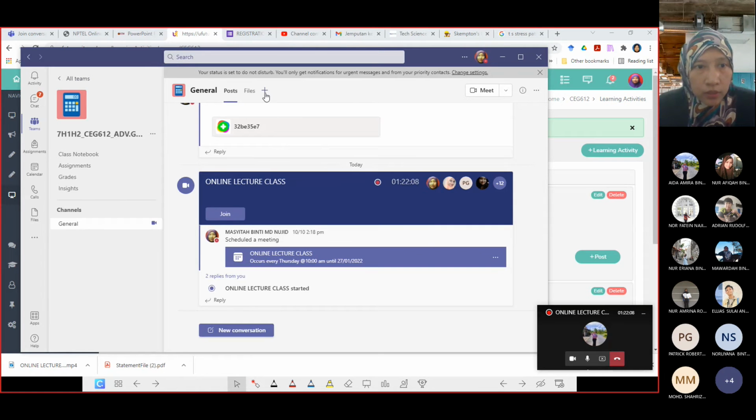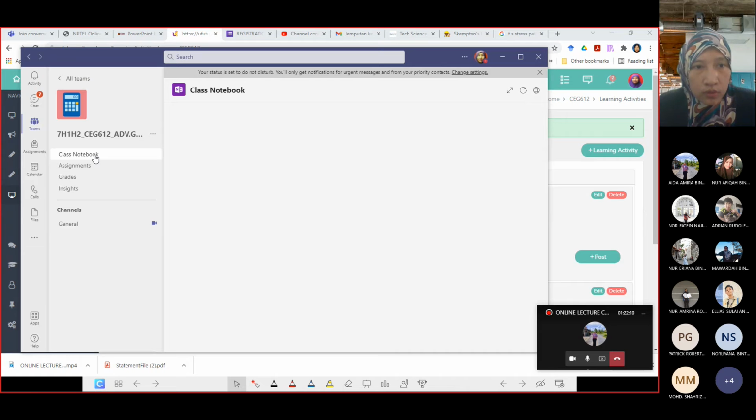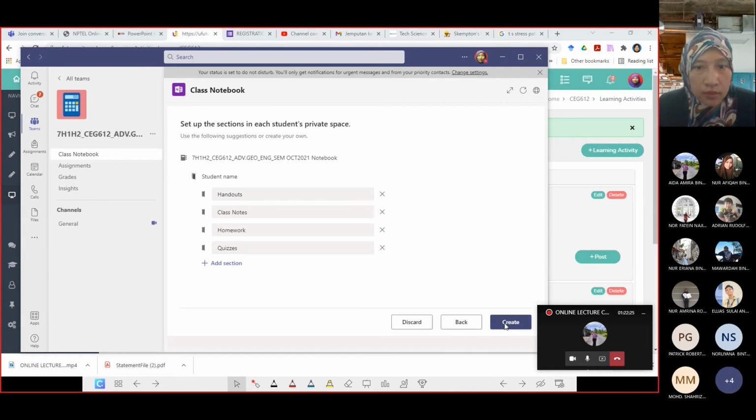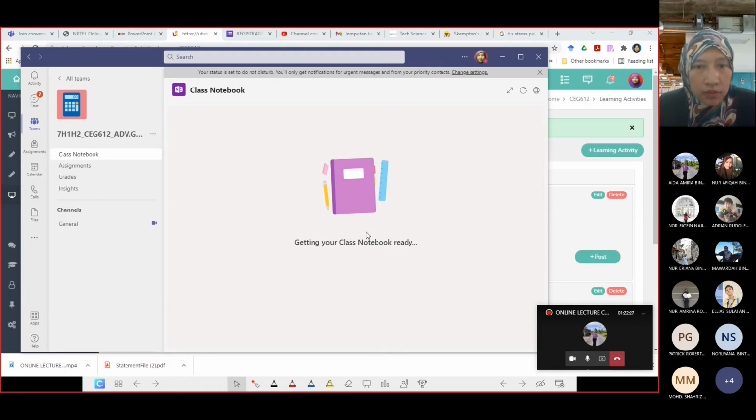Kemudian you pergi dekat class notebook. Dekat class notebook ni, you can view dalam browser ataupun apps. Nanti dia akan ada nama student masing-masing tau. So dekat nama tu you upload lah aktiviti apa yang you dah buat untuk minggu tersebut.